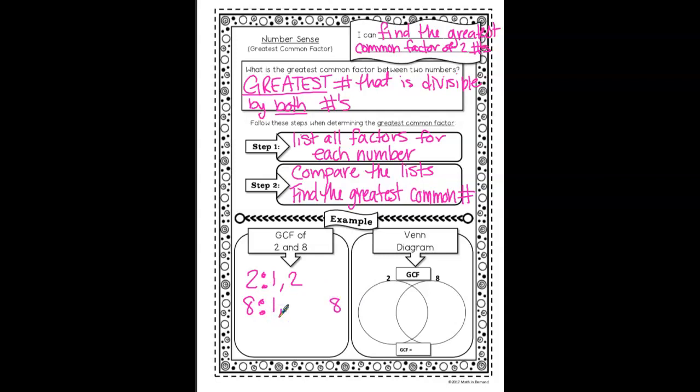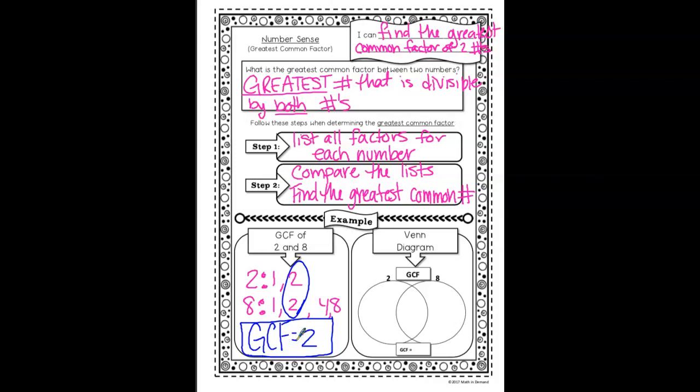I could multiply 2 times 4. And then there's nothing else that I could multiply to get 8. So now I'm going to do step 2, which is compare the list and find the greatest common number. So right here is my greatest common number. Therefore, the GCF of 2 and 8 is 2.